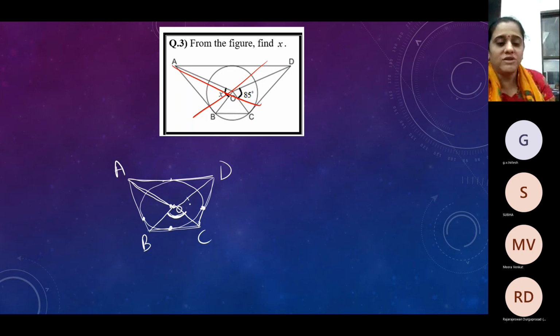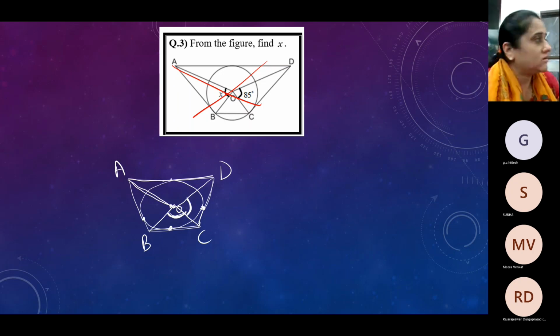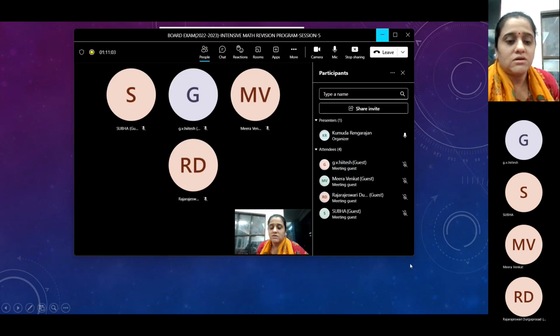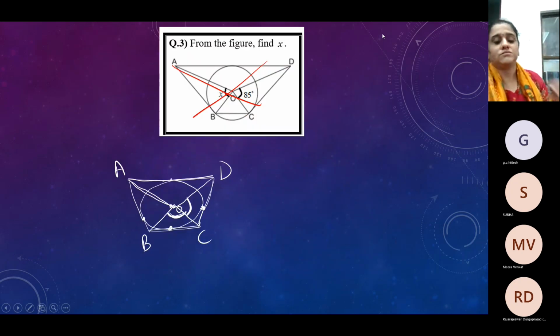Then what about angle COD, Hitesh? This angle? Rajeshwari. COD, subtended by the side CD. Okay. So angle COD is the angle subtended by the side CD at the center.